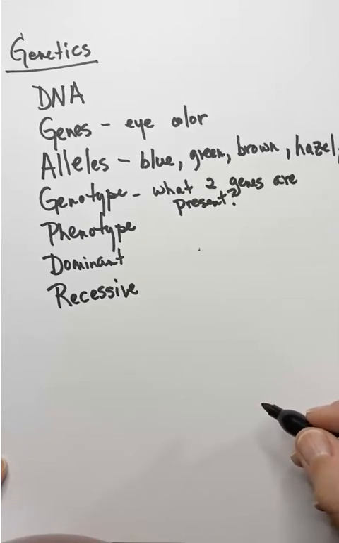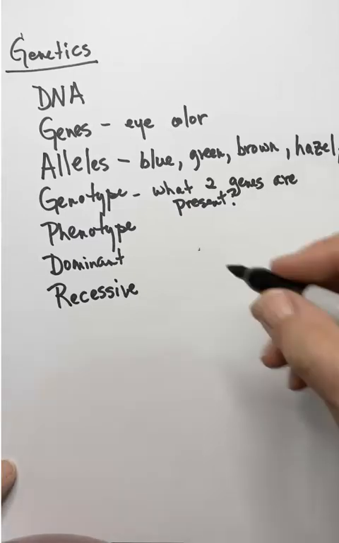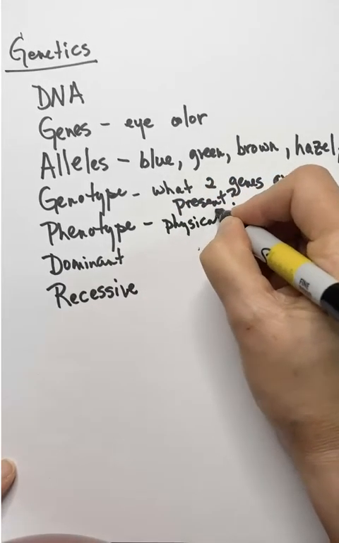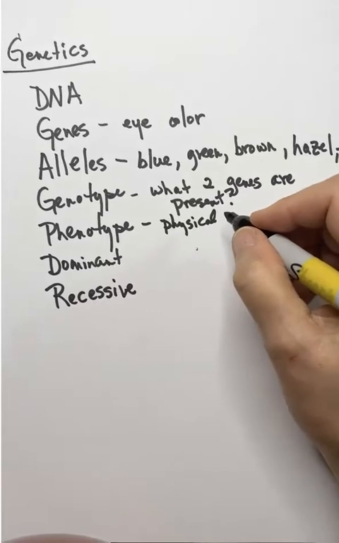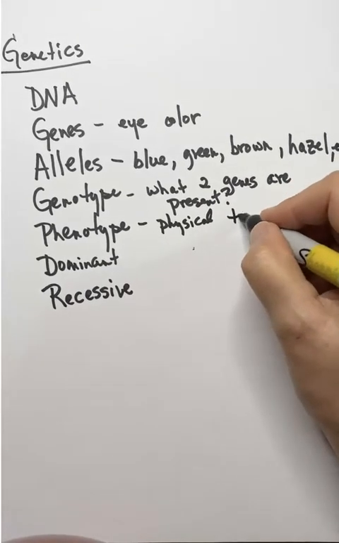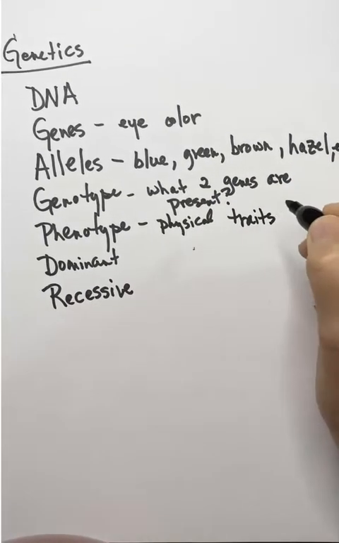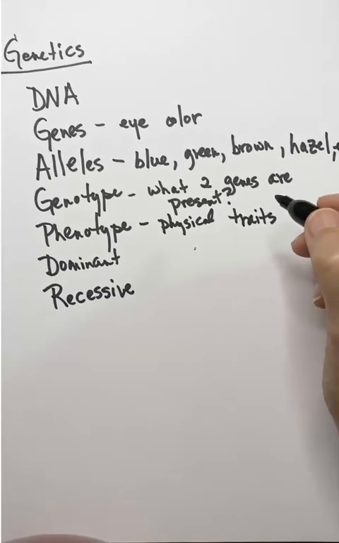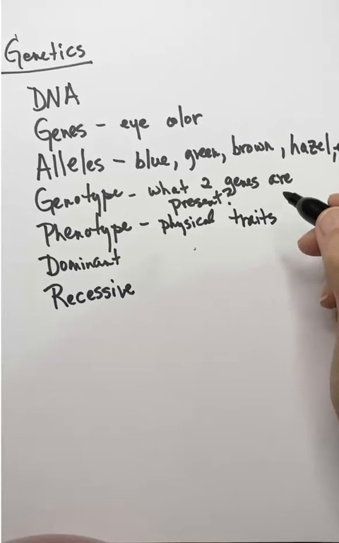You have to do molecular analyses in order to figure this out. But you can see phenotypes. Phenotypes are the physical traits that you can see. These are easier to determine because you can actually see them.